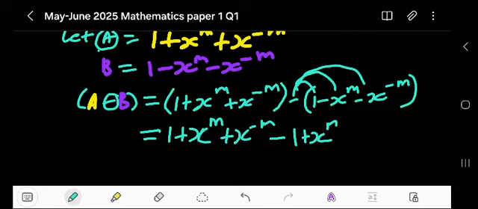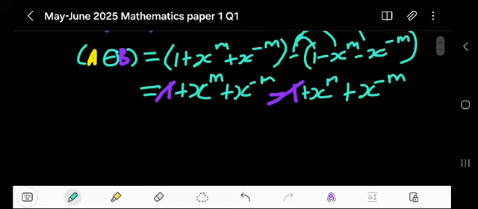We distribute the negative, as you can check there, and it will be plus again x raised to the power of minus m. Now the minus 1 and this 1 will cancel, will simply fade away like that. So we still have our equal sign here. Now check this, plus this guy. Also we add up that guy.